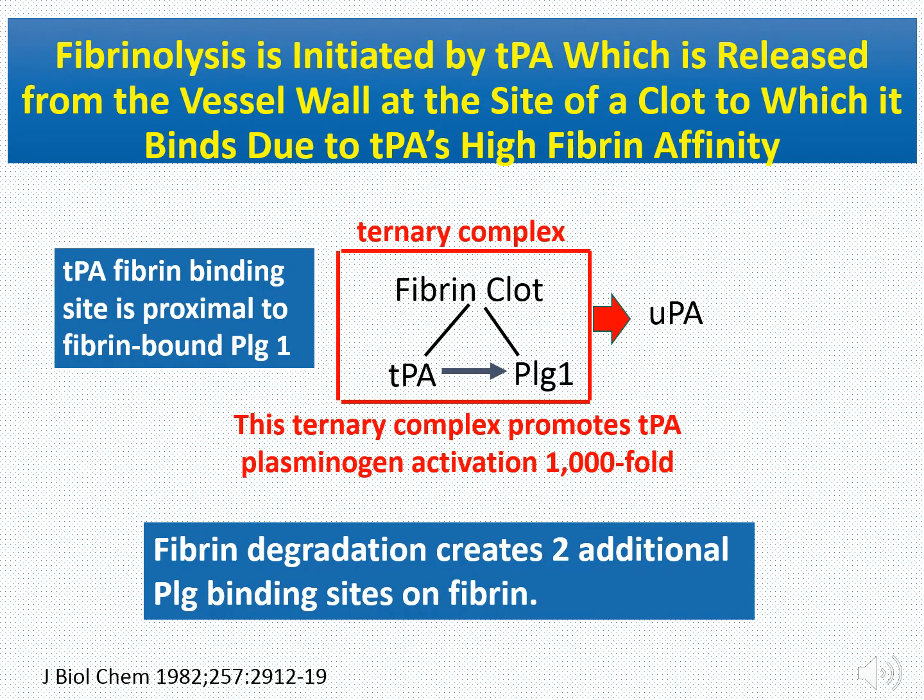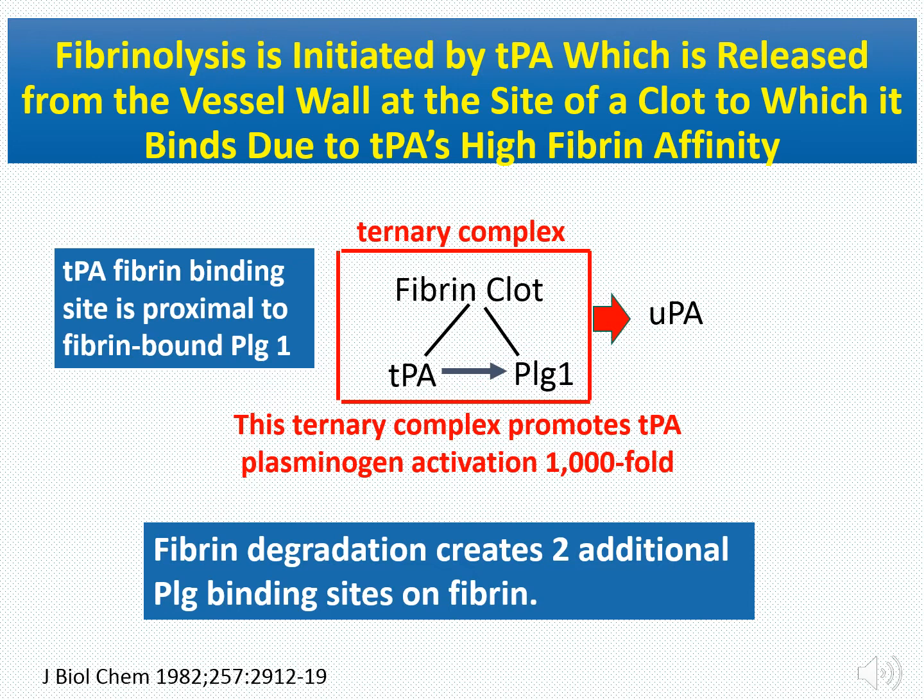Fibrinolysis is initiated by TPA, which is released from the vessel wall at the site of a clot to which it binds due to TPA's high fibrin affinity. TPA binds to a site on fibrin proximal to the binding site of plasminogen 1.